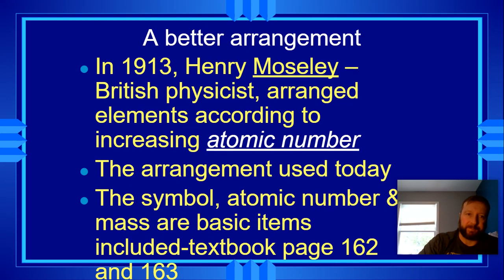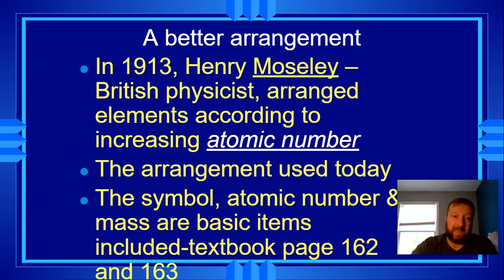This brings us to 1913, where Henry Moseley comes up with what we consider the modern periodic table, and he changes Mendeleev's first draft, which was according to atomic mass, and switches it to atomic number. And that is what we use today.